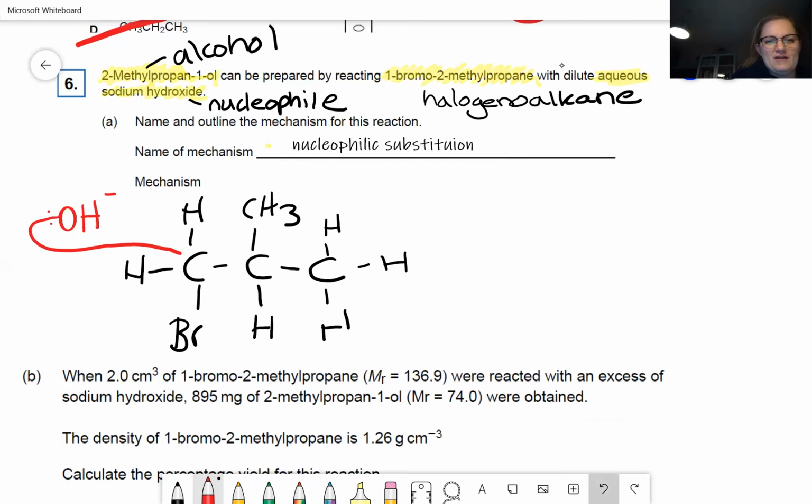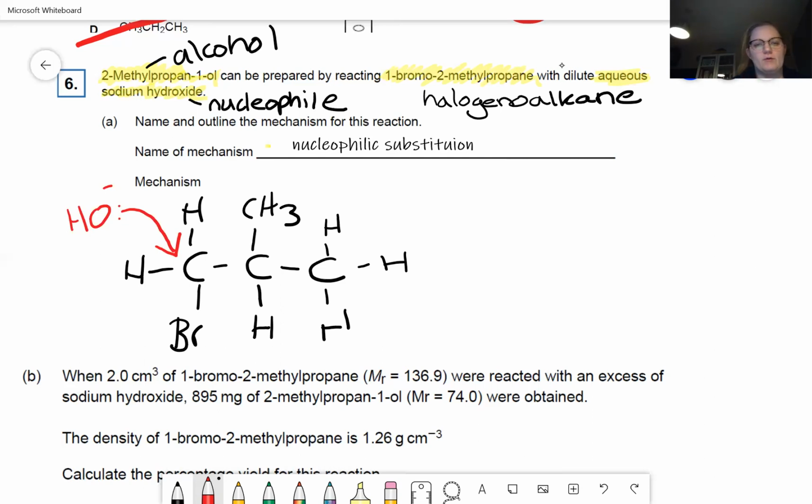What we would often do, and I explained why yesterday: in nucleophilic substitution it is always OH, but sometimes people write HO like that, just because then you can show the lone pair moving across easier. Exactly the same, we've just swapped them around to draw it easier.